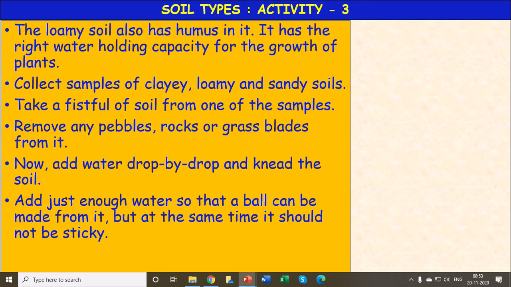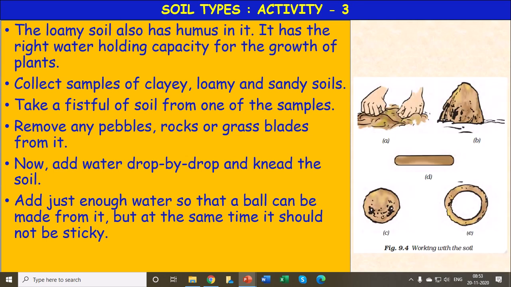That's why you add water drop by drop and make it into a small ball.